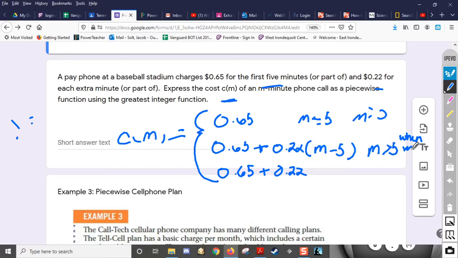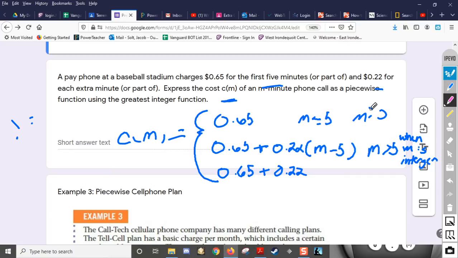I'm not going to require you to write all of this in here, but when you do this, here's what I should see. I need to see these two expressions here.